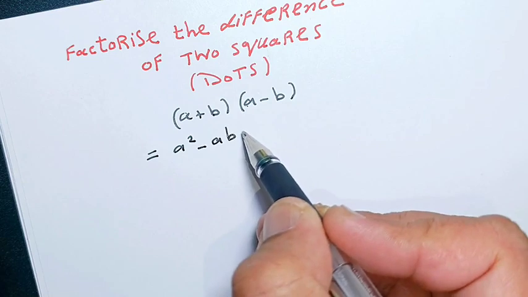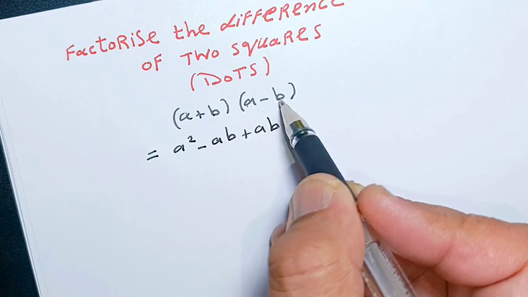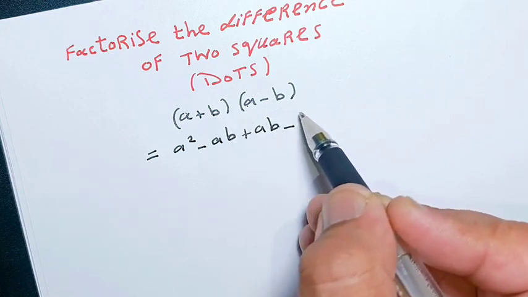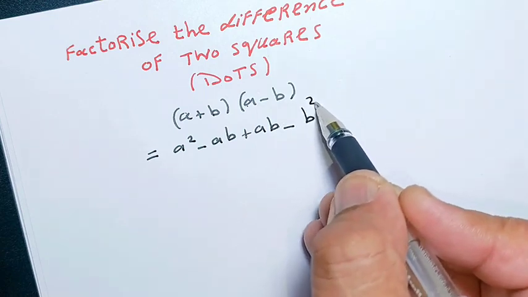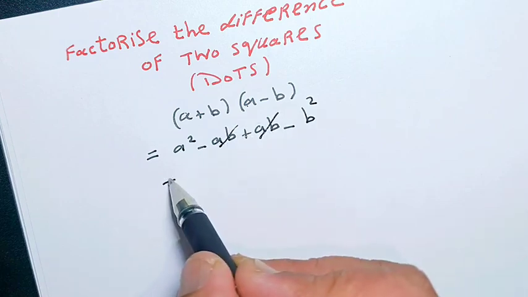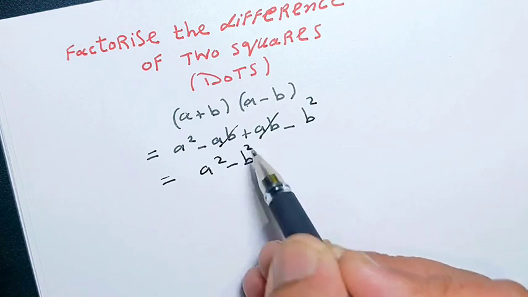Then b times a is plus ab, and b times negative b is positive and negative, which becomes negative b squared. So positive and negative cancel out, and we are only left with a squared negative b squared.